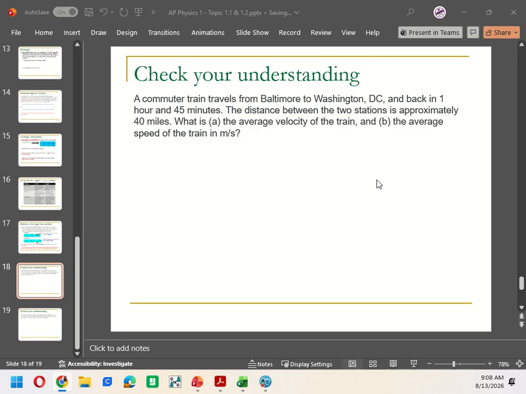All right, so now from there, our distance. What is our distance traveled? Go ahead. 80. Because you went 40 there, 40 back, we have 80. 80 what? Miles, very good. Over what was my time? 105.